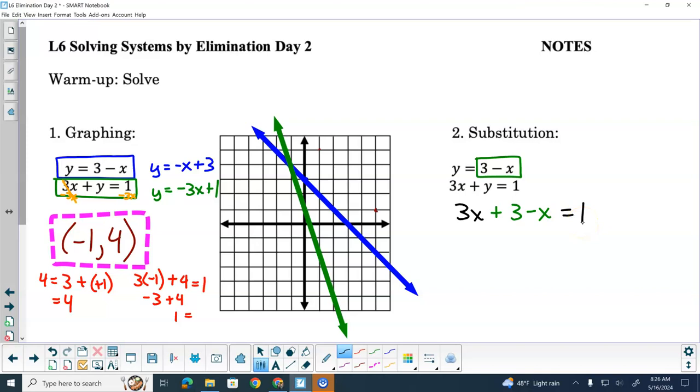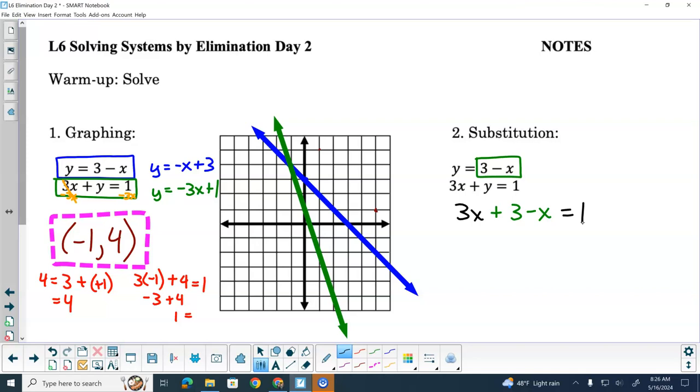Okay, I would too. What's step number 3 from our substitution steps? I'd even go to the last steps, because step number 3, 4, and 5 are the same in both substitution and elimination. We're going to solve that equation, right?